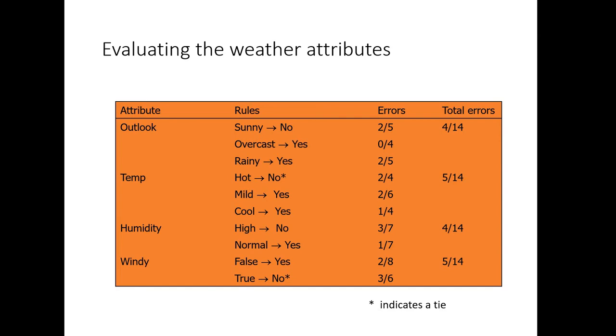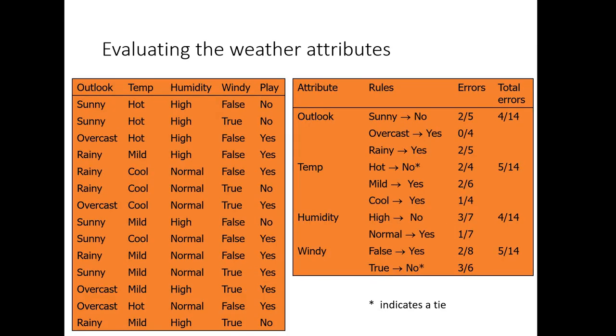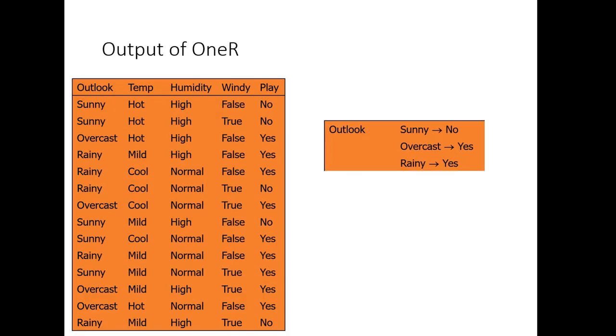Again, we have 2 sets of rules. Which one are you going to select? Like I said, you can make it random. You can either use Outlook or humidity. But normally, software will give you only one answer. So, basically, you will get an outcome like this.